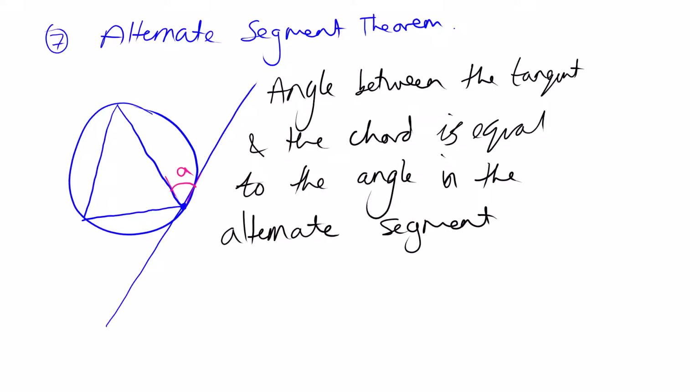So what does that mean? Well, that means that this angle here is also equal to A. So that should be just between the blue lines. So again, just to make sure it's clear. There we go.